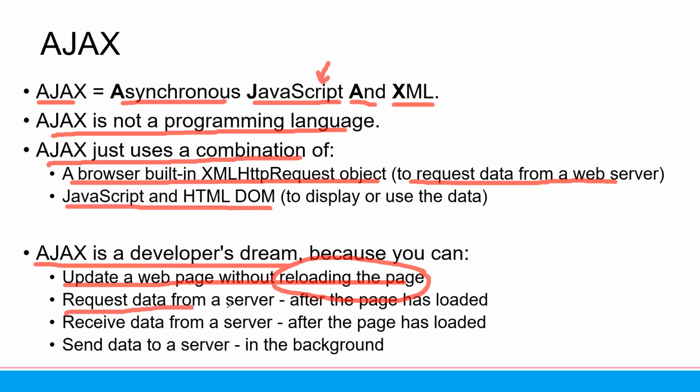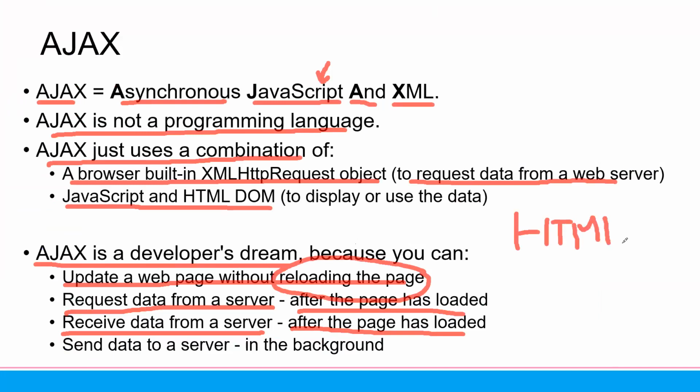Ajax can also request data from the server after the page has loaded, and it can receive data from the server after the page has loaded. It means it will not do anything in the HTML.